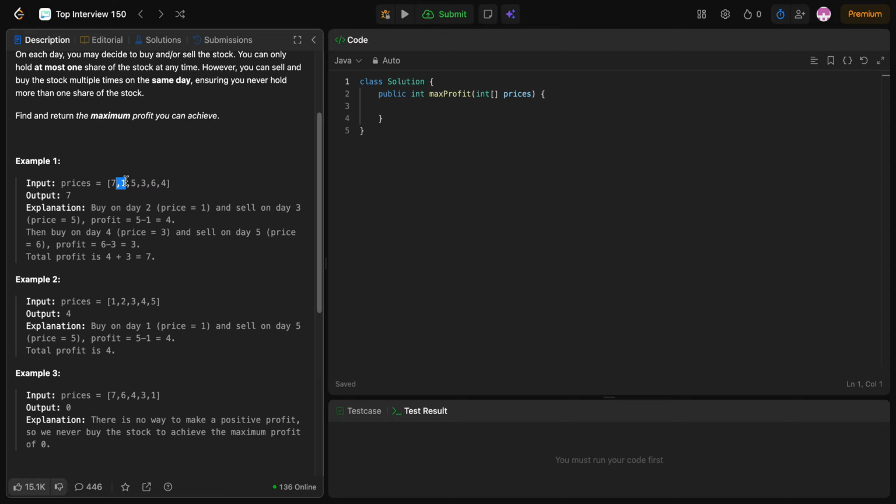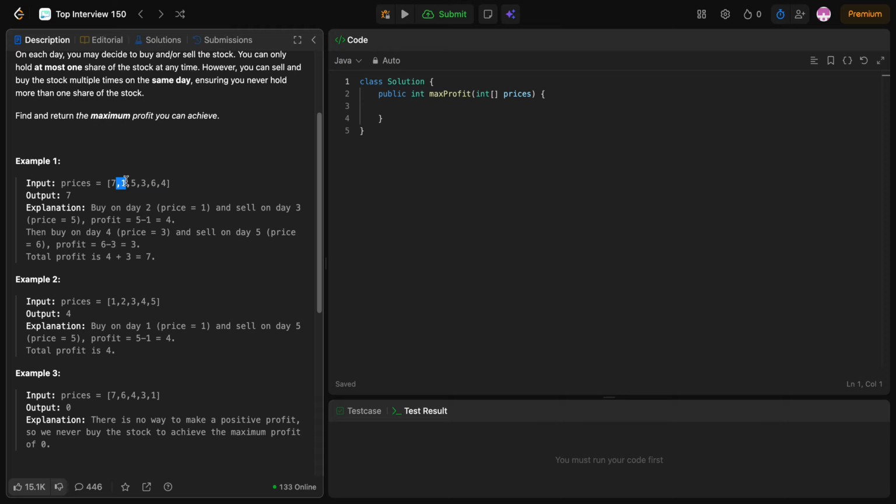Then once you do that, you know that the next value is going to be higher than the current value.